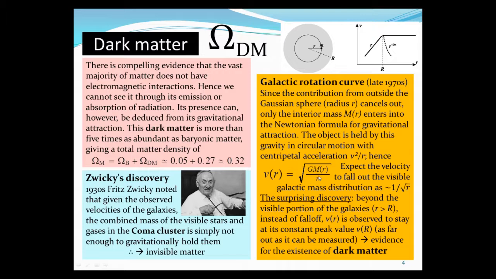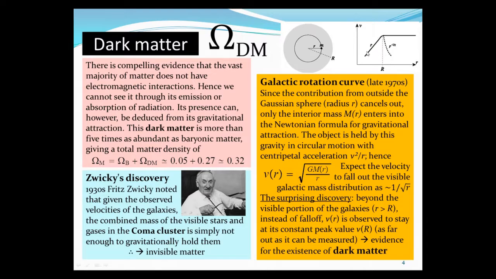So when divided by r, the square root of r squared will be r. Therefore, you expect this curve to go linearly. But once it's outside the visible area, because now M is constant, you expect this to fall like 1 over the square root of r. Okay, so you expect a distribution like this.